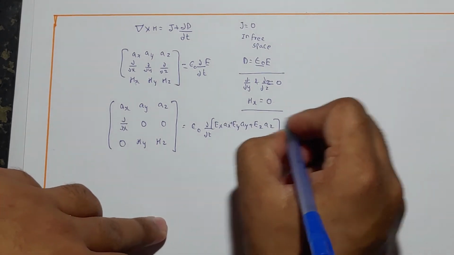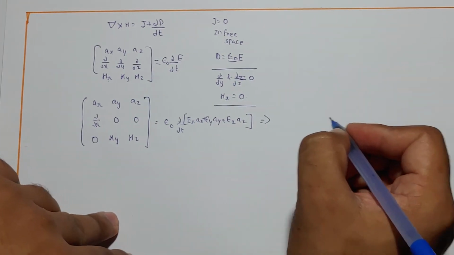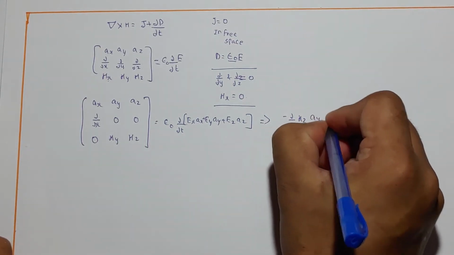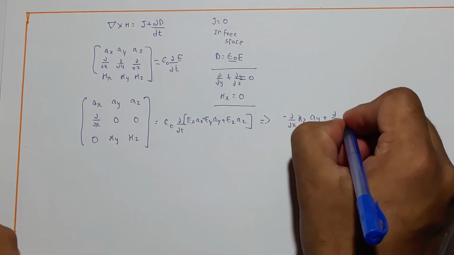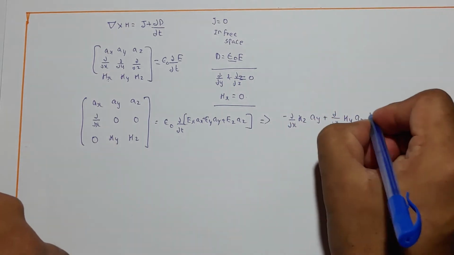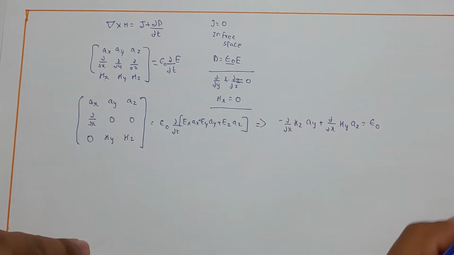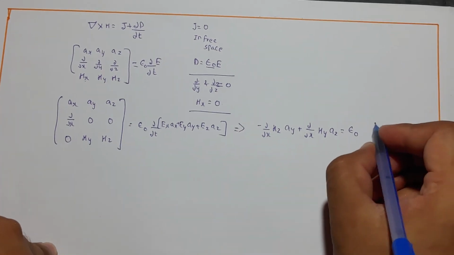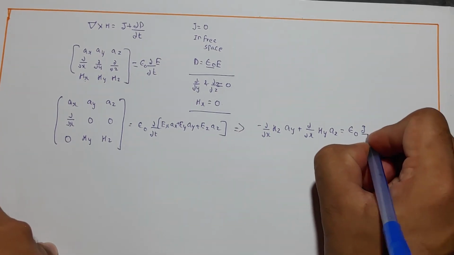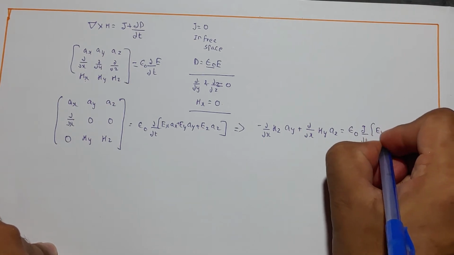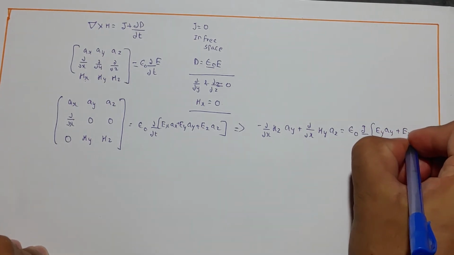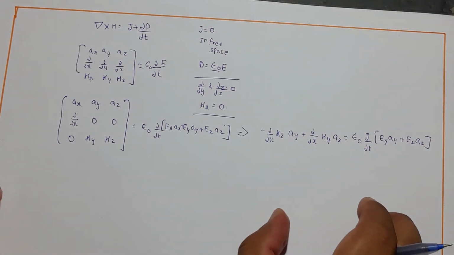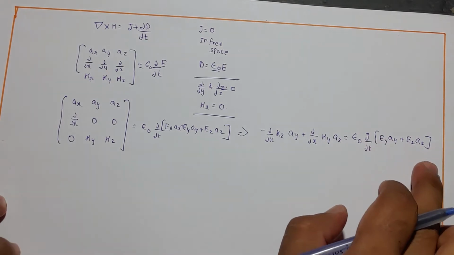That implies this could be solved as minus dou by dou x of Hz Ay plus dou by dou x of Hy Az would be equal to epsilon naught dou by dou t of Ey Ay plus Ez Az. Now let us take out the terms of Ay and Az separately.